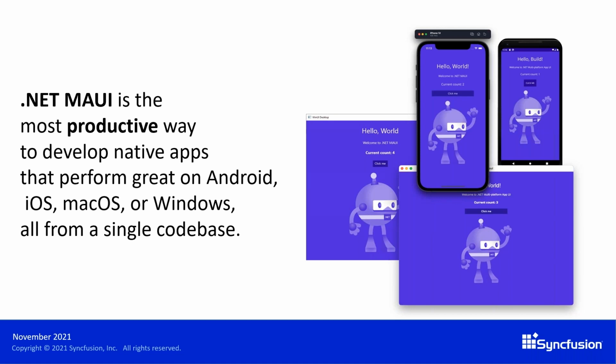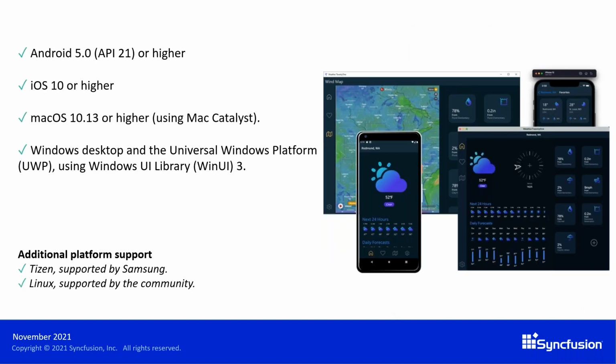If we want to go into more detail, with our applications we will target Android 5 and higher, iOS 10 and higher, macOS, and Windows desktop. We also have platform support for Tizen, which is supported by Samsung, and Linux, supported by the community.